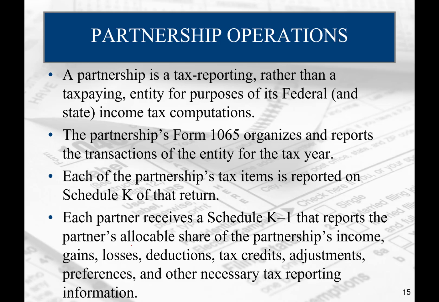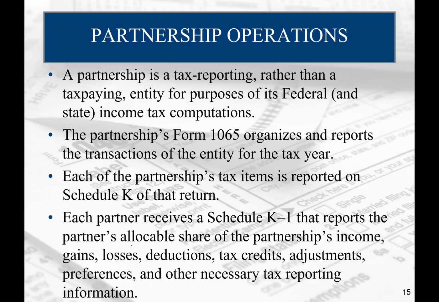So if the partnership makes a charitable contribution, that is not part of the 1065. That is going to be reported on what? On the Schedule K. And then the Schedule K items, including the carryover of income from Form 1065, will be distributed to each of the partners on K1.